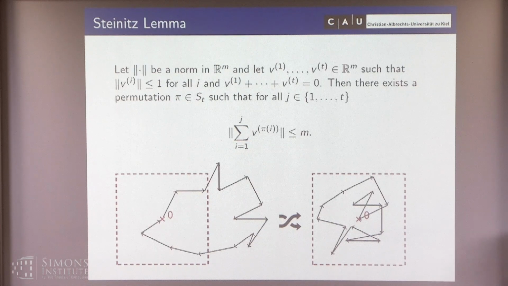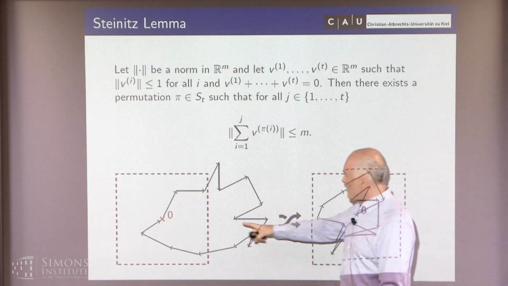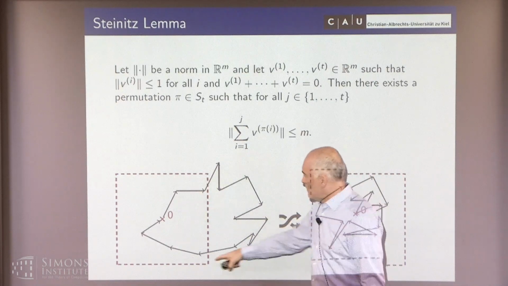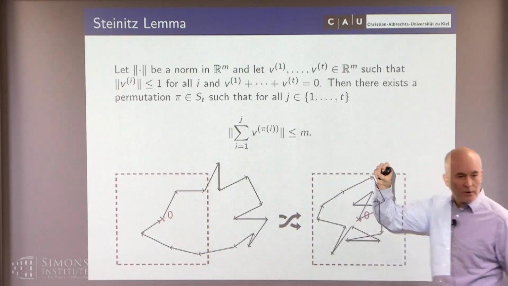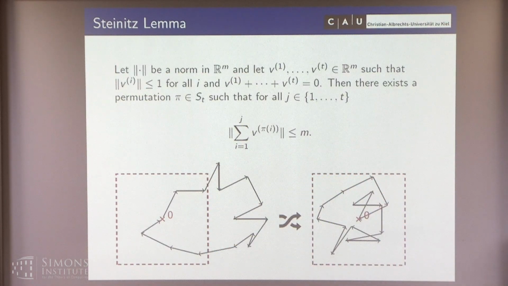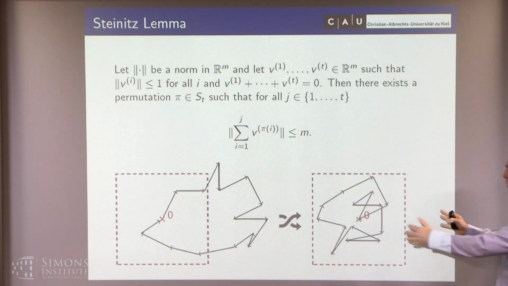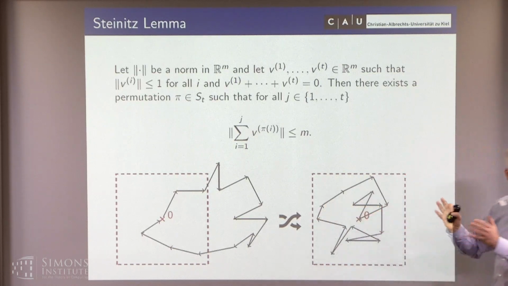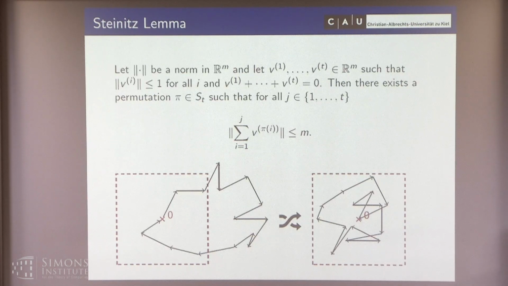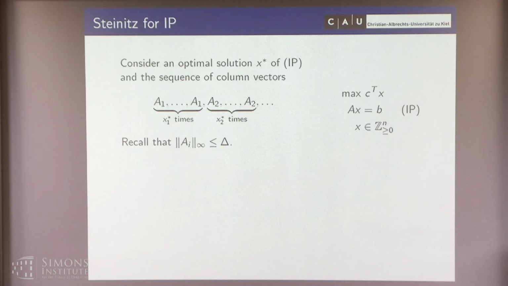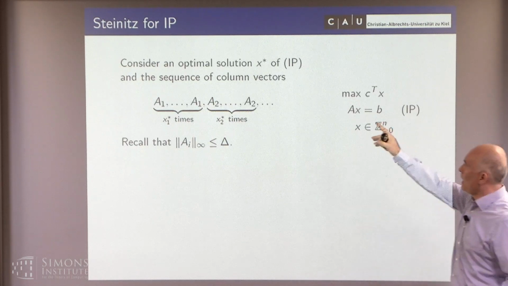The main idea is the following. Assume that you have a path that goes from the origin and back. You can reorder the vectors so that you always stay in a box of value m. How can you use that? Look at an optimum solution of the IP, x star.